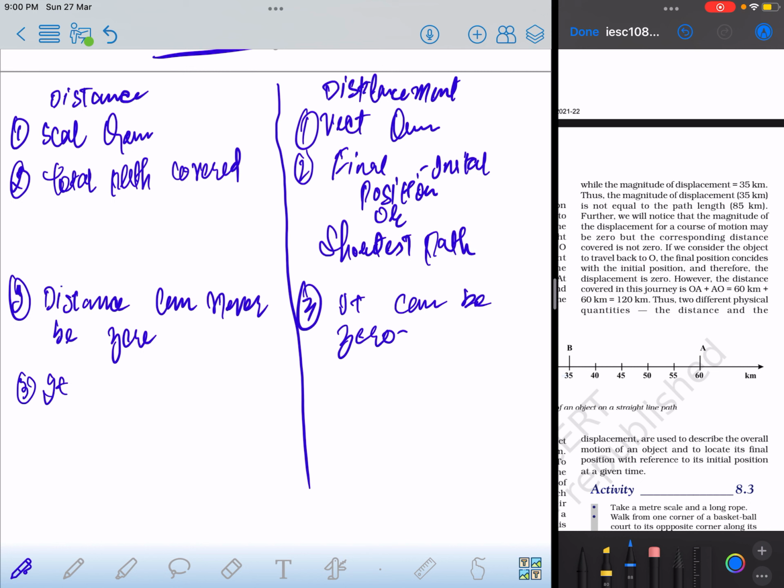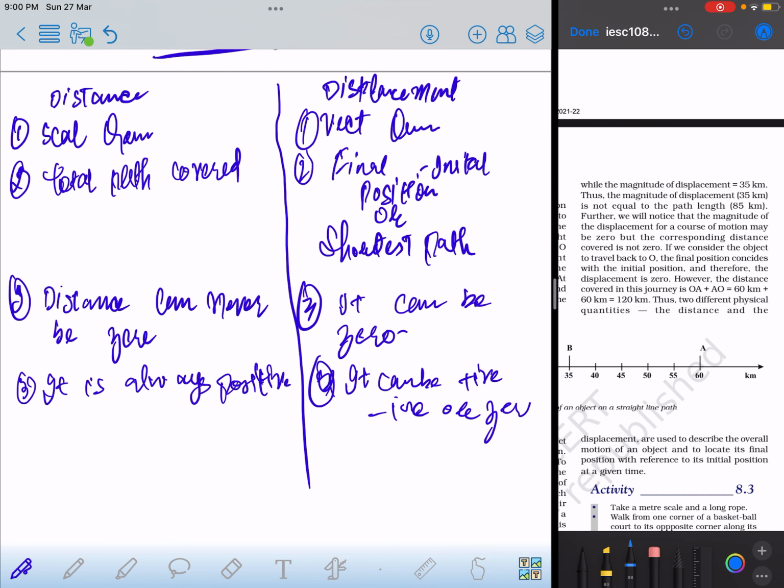Distance is always positive, while displacement can be positive, negative, or zero. These are the final drafts of the distance and the displacement.